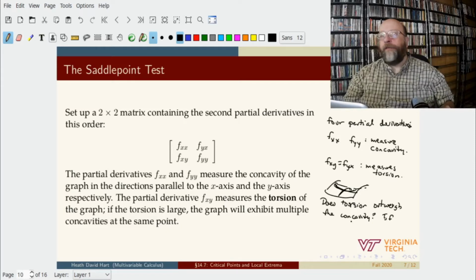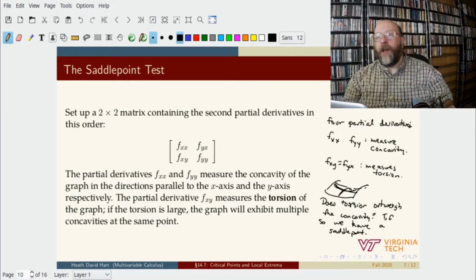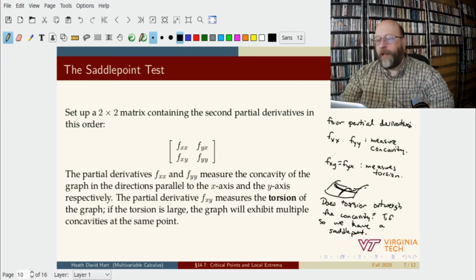If the torsion outweighs the concavity, we have a saddle point. The torsion is strong enough to defeat the concavity so that the concavity flips to the opposite concavity just by rotating the shape.